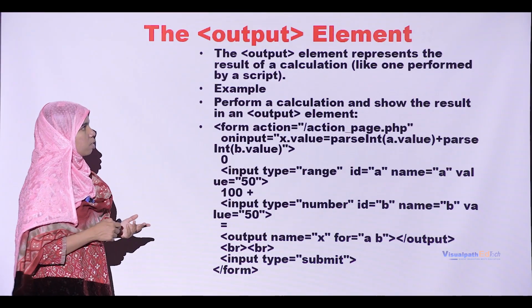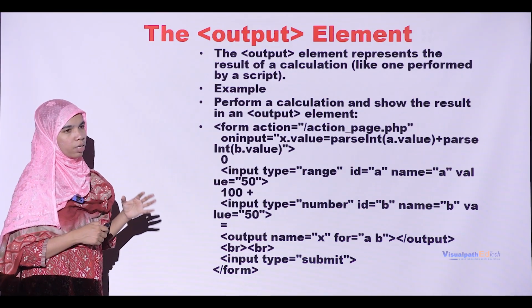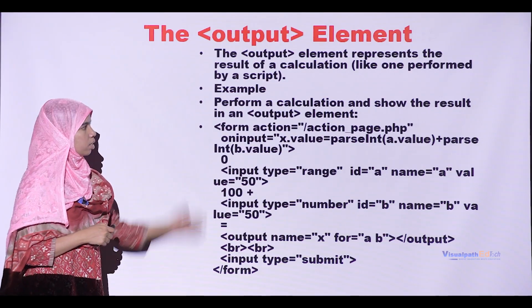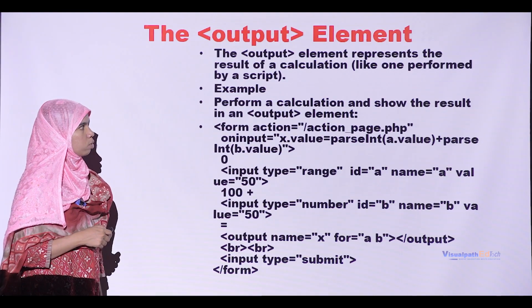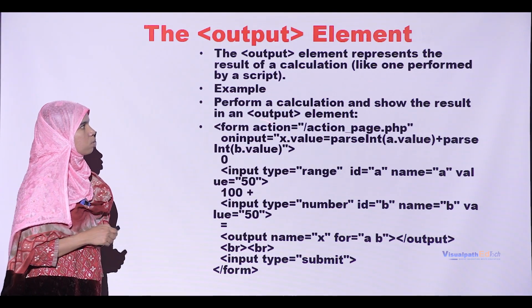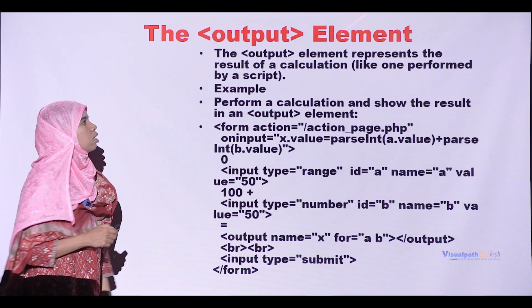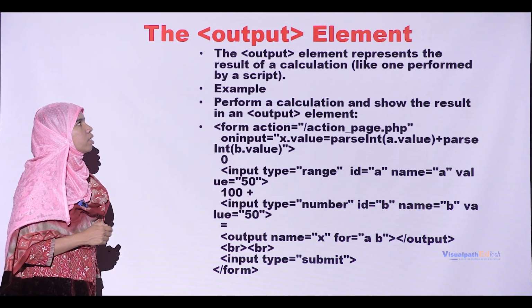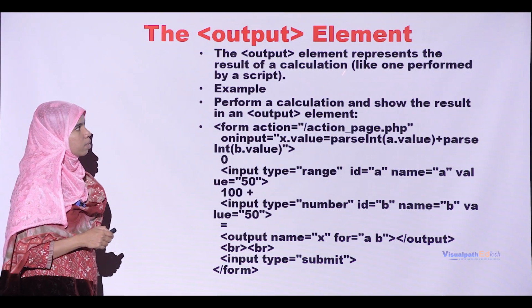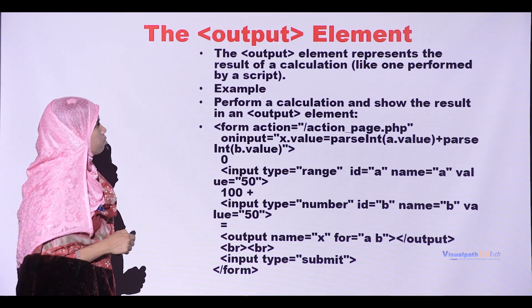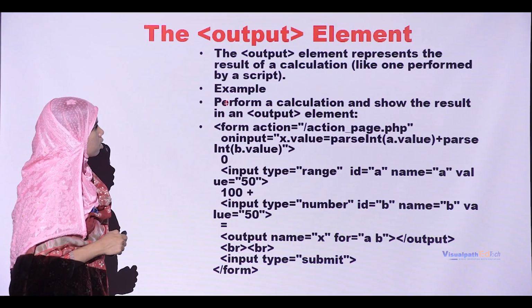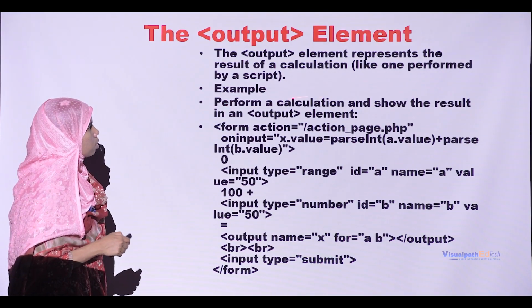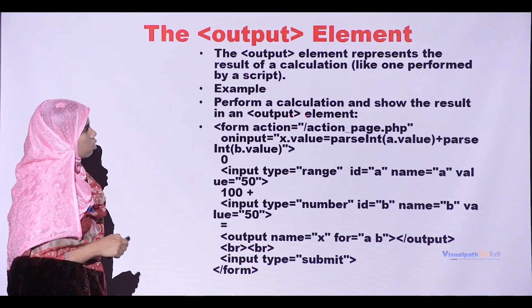Whatever you expected so far, now you are displaying it as an output value for the user. After the calculation, we are waiting for the result. Yes, that result will be stored inside this output element, and it is performed by the script. You can see here one example given to you. Perform a calculation and show the result in an output element.